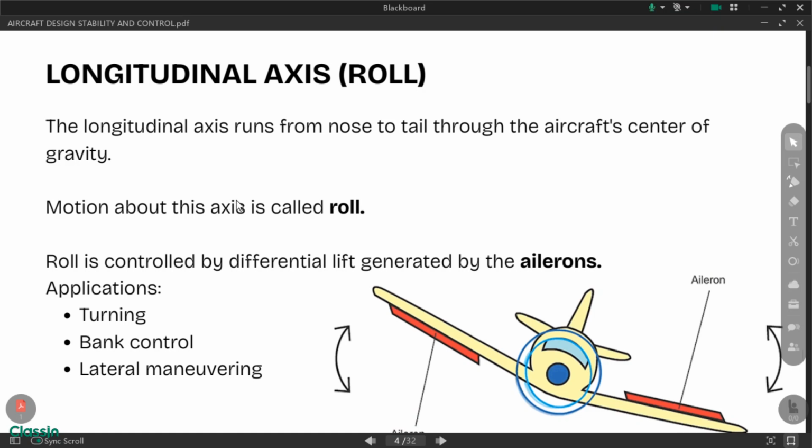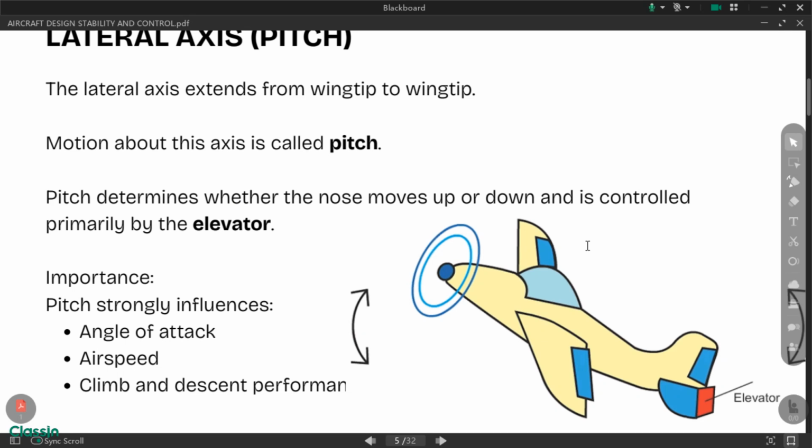Dito naman sa lateral axis natin, again, motion about the lateral axis would be pitching, but yung stability would be longitudinal. Yung pitching natin would be focusing on the longitudinal stability. Its motion would be on the lateral axis, about the lateral axis.